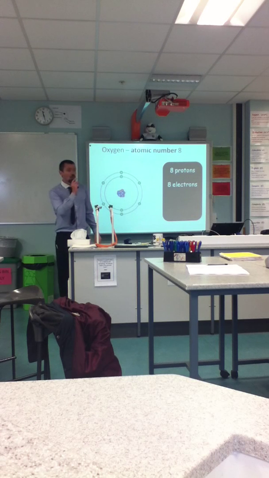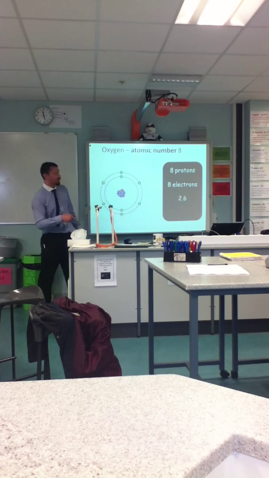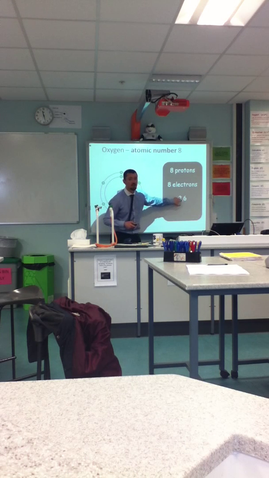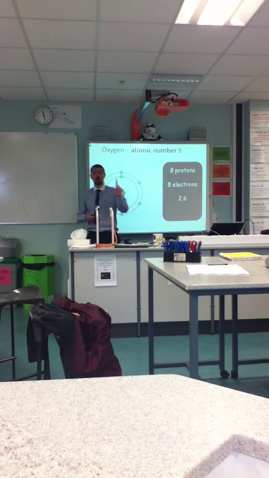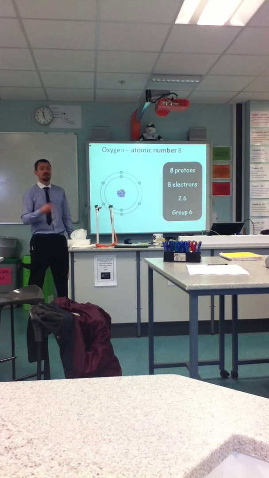And again, we can only fit 2 electrons in the first energy shell, so the remaining 6 must be in the outer shell, giving us an electron configuration of 2, 6. And guess what group oxygen is in? 6. It's in group 6. 6 electrons in the outer shell, it's in group 6.